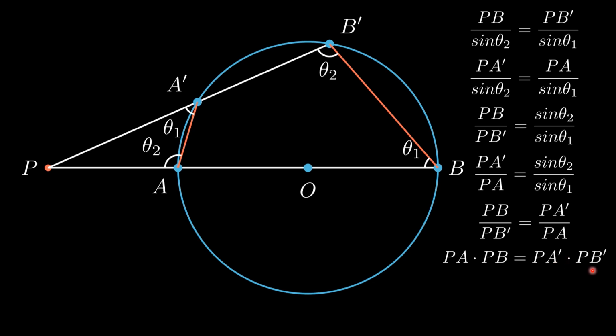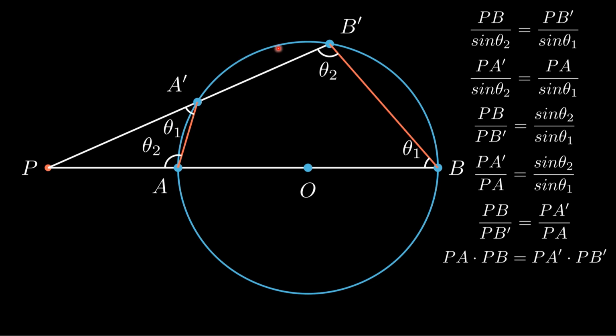And so that is how you prove that it doesn't really matter whether you are looking at the second line that crosses the center or that is away from the center, or if you're looking at the tangent line that touches the circle.